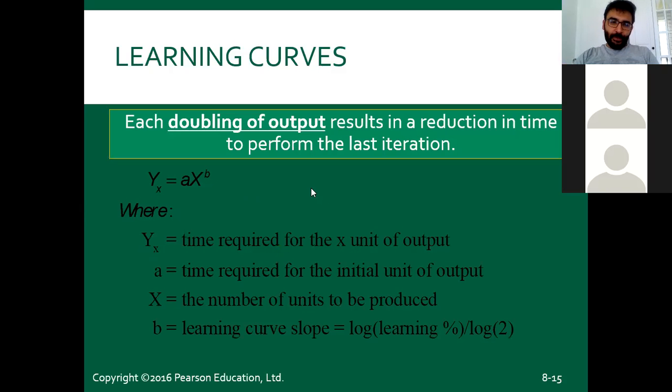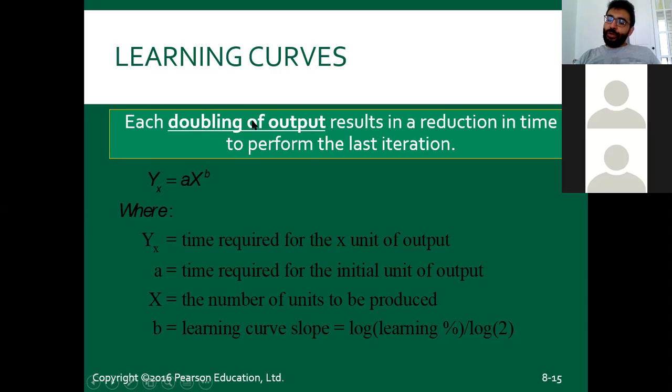What does a learning curve mean? Don't worry about these functions. I don't care about them as well. But the main idea here is that as time passes, you actually perform less effort to produce that output.